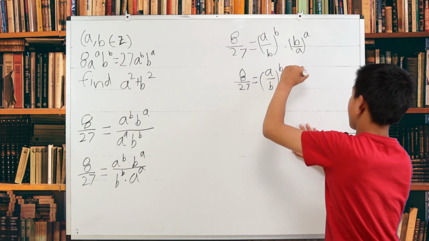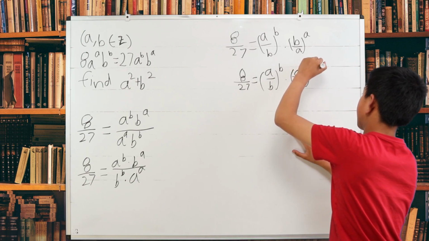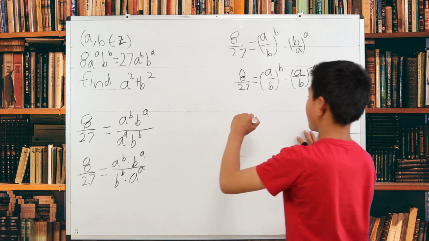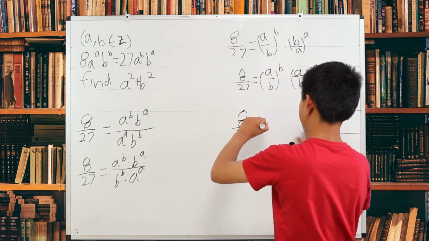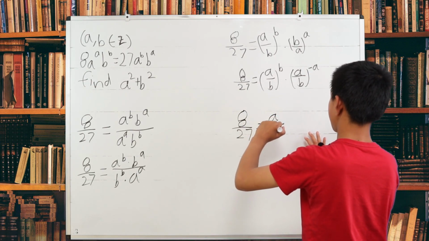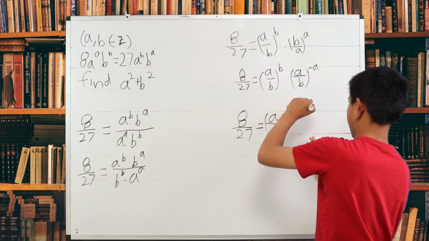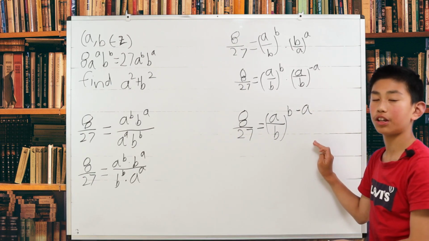So it's going to be a over b to the power of negative a. Now we can rewrite this once again: 8 divided by 27 is equal to a divided by b to the power of b minus a. Right there, we have our first formula.